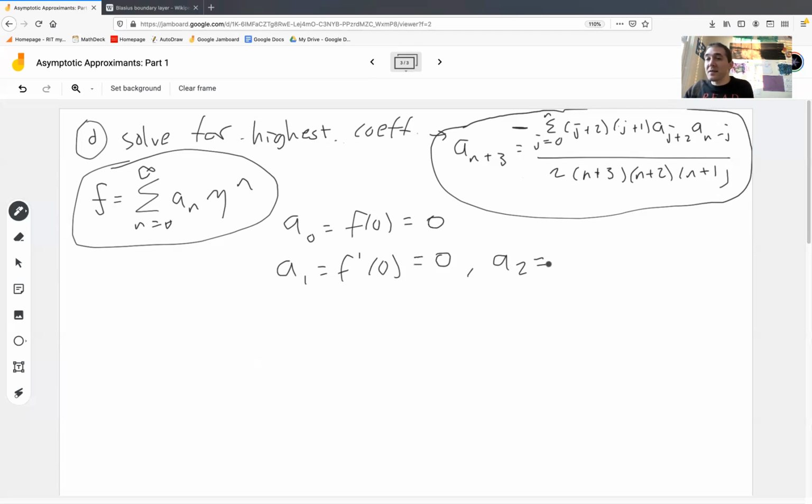But to make things simple right now, we're going to just assume that we know it. And a sub 2 would be the second derivative evaluated at 0 over 2.